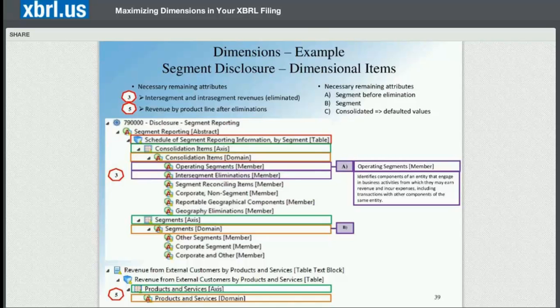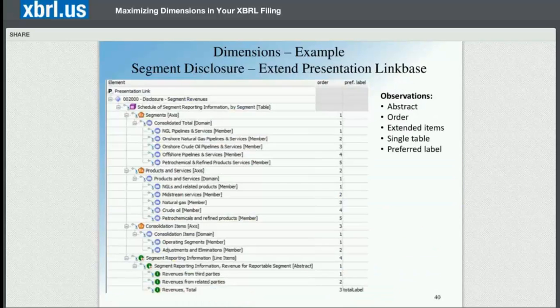So it's as if the segment was a standalone reporting entity. So it includes intersegment sales, and that's why I brought the definition up for you so that you could see that firsthand. And the reason why the B is on the segments domain is because I don't have any members there yet. I need to create my own extended members.